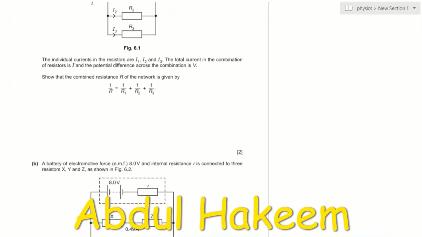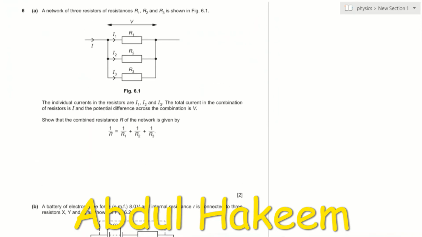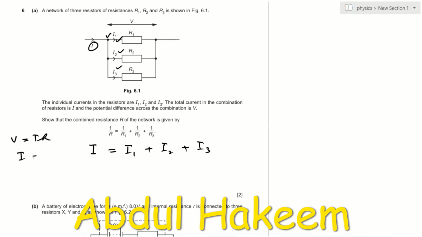Look, according to the Kirchhoff first law, sum of the currents entering the junction is equal to sum of the currents leaving the junction. This is a junction, I entering, I1, I2, I3 leaving, and according to Ohm's law, V is equal to IR, I is equal to V by R, so V divided by R. In parallel, the voltage remains same, so V over R1 plus V over R2 plus V over R3.